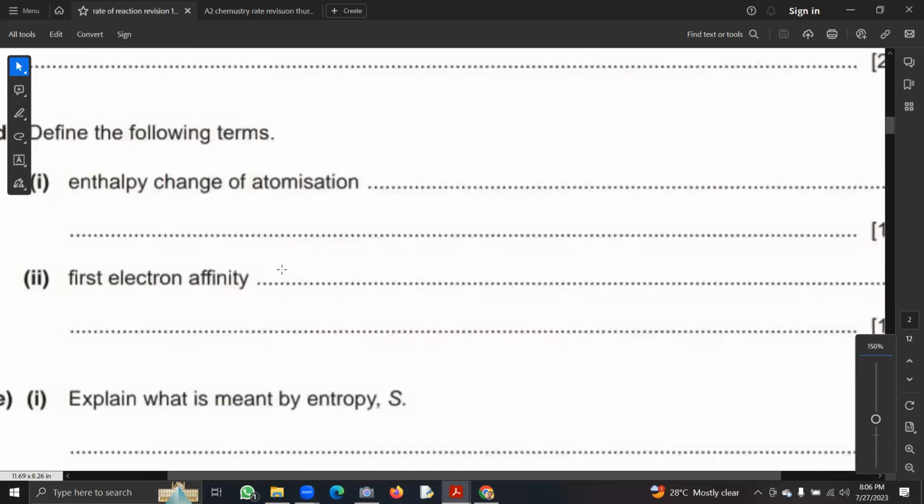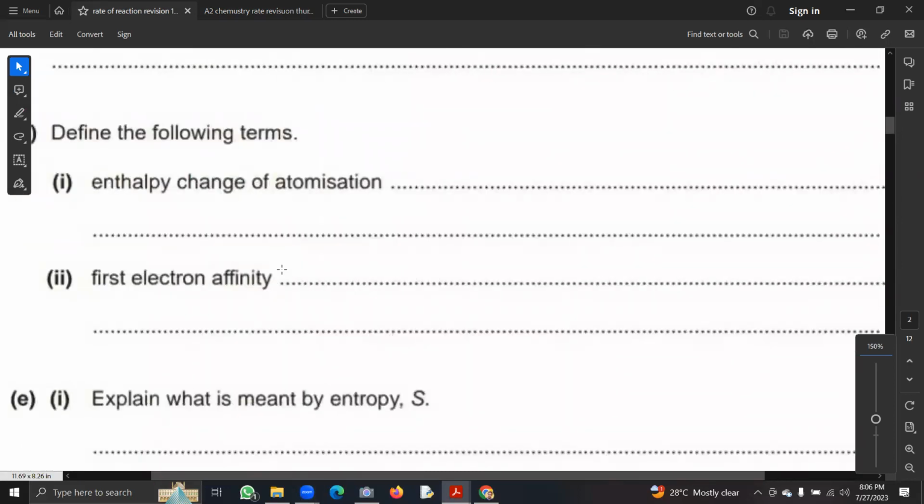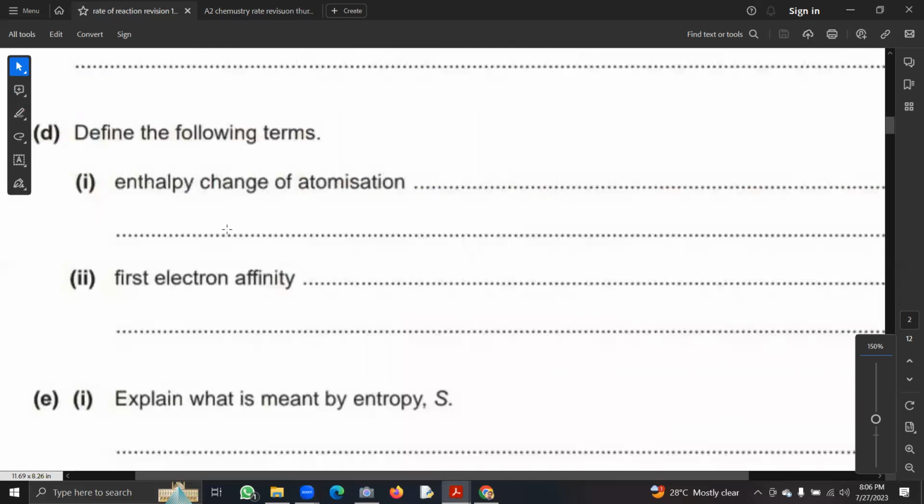Now these things you have to memorize. There is no other way. Then there is the enthalpy change of atomization. What do you remember? It's the standard enthalpy change of atomization.